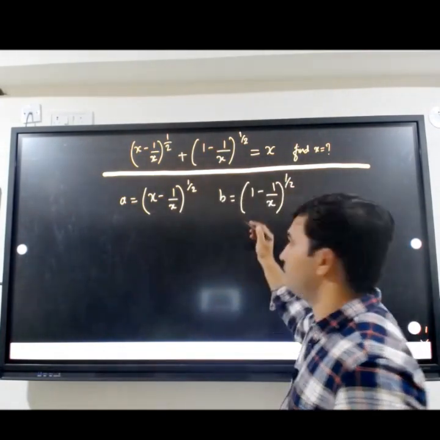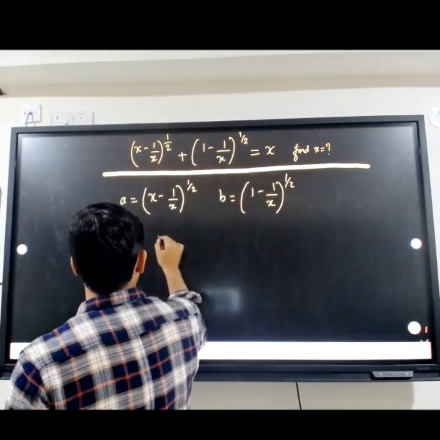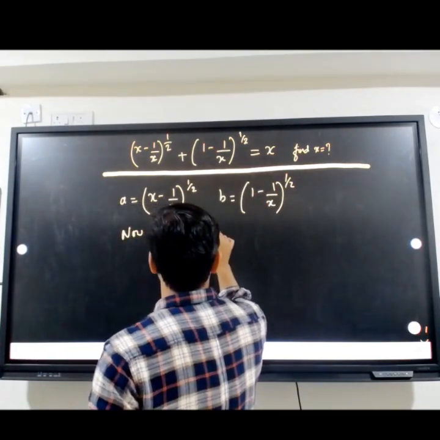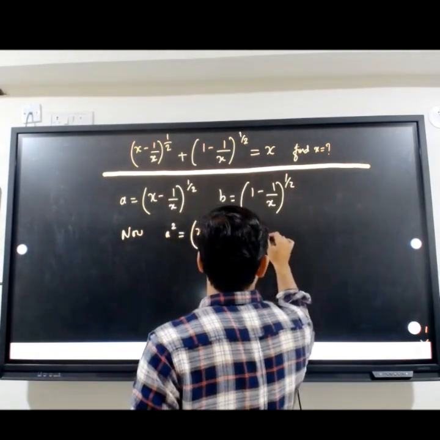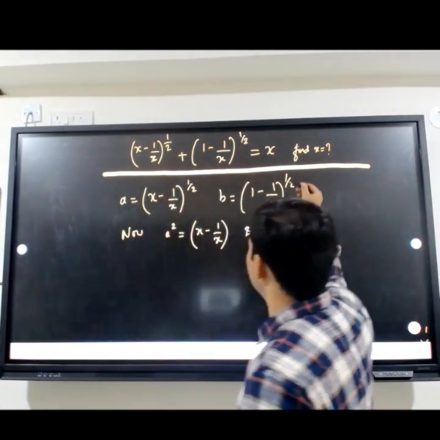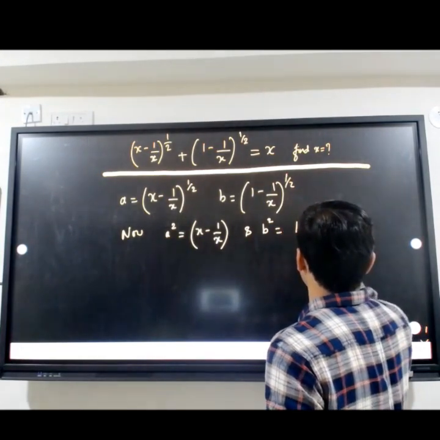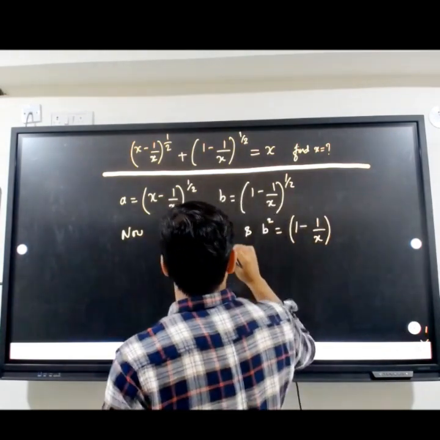Let us assume these two terms are equal to a and b. Now, if I square both the sides, a square will be equal to x − 1/x, and b square, the under root sign will go, so this will become 1 − 1/x.